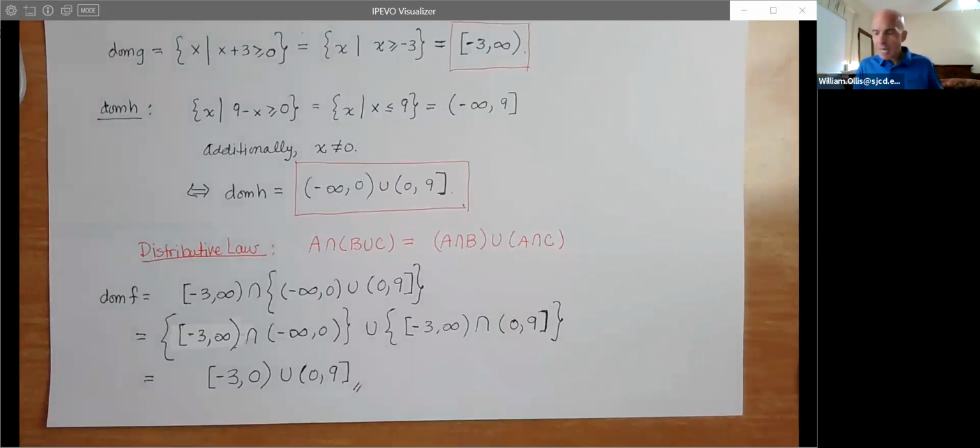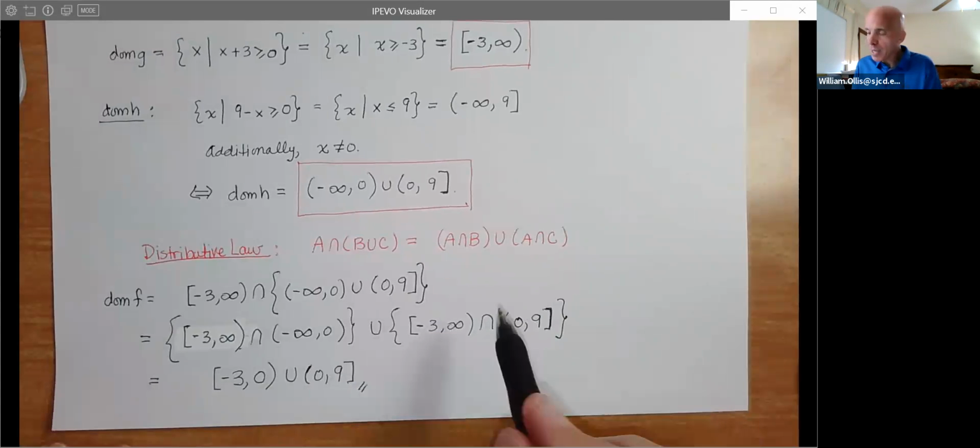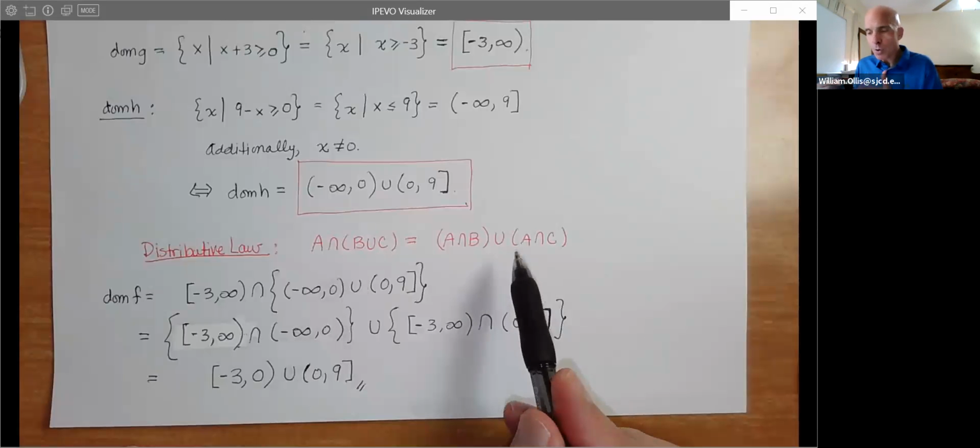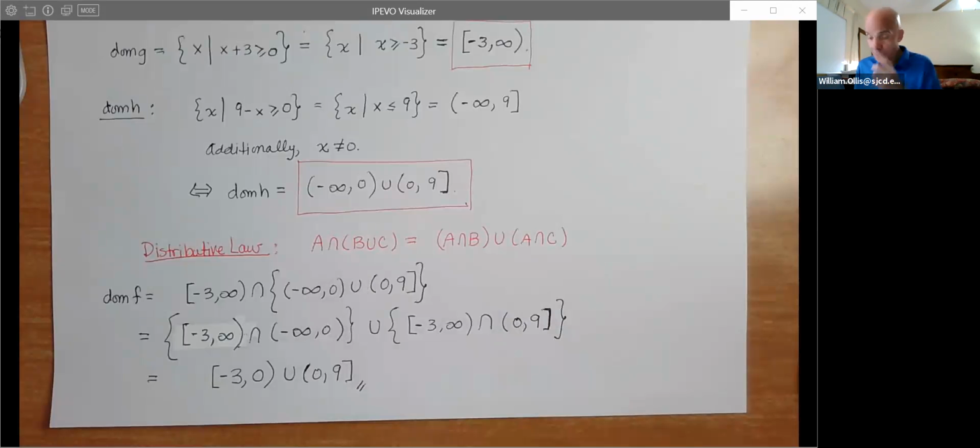Now, when you look at this problem, again, you don't even have to think of the distributive law so much. But you have to think, how do these sets intersect? And you could do that in a kind of visual way if you want. But if you think about it this way, the visual and the set theory kind of come hand in hand. And you can just analyze each of them.